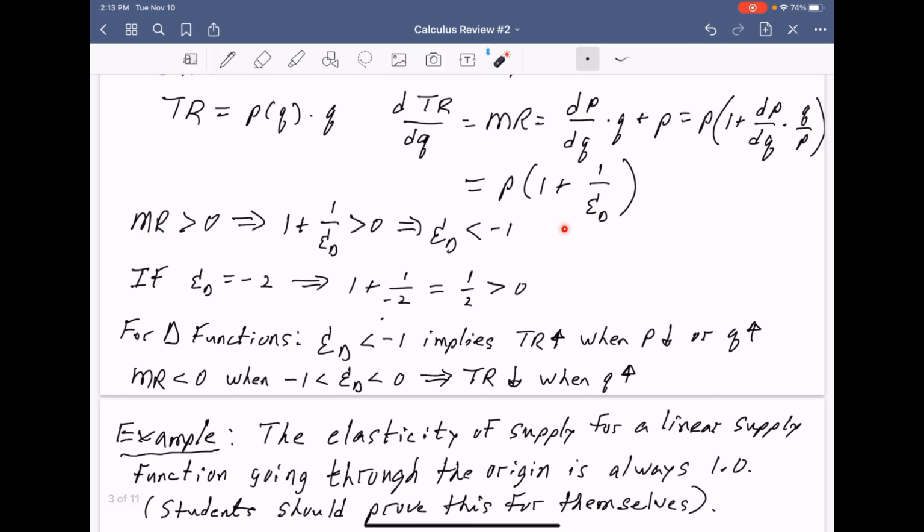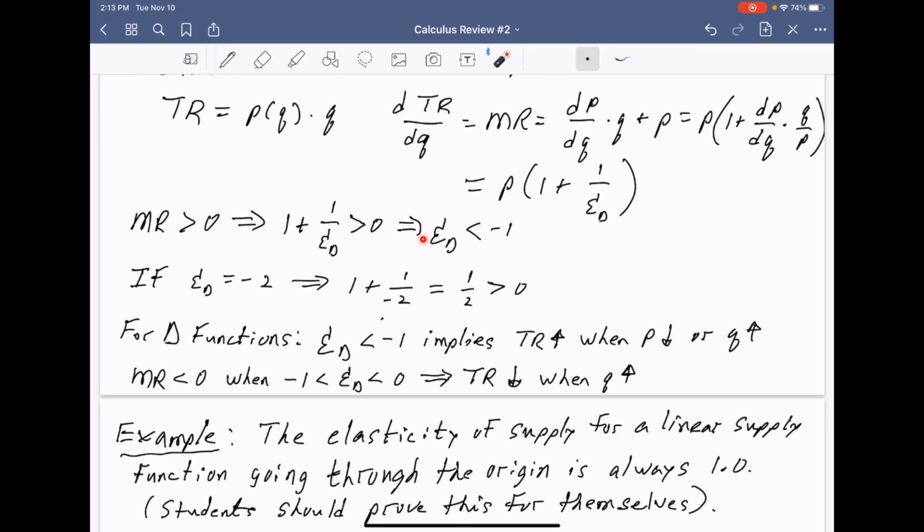Now, when is the marginal revenue going to be positive? Well, that's if this expression is positive, because the P will always be positive. So rearranging that, we find that the elasticity of demand has to be less than -1. Where is it less than -1?